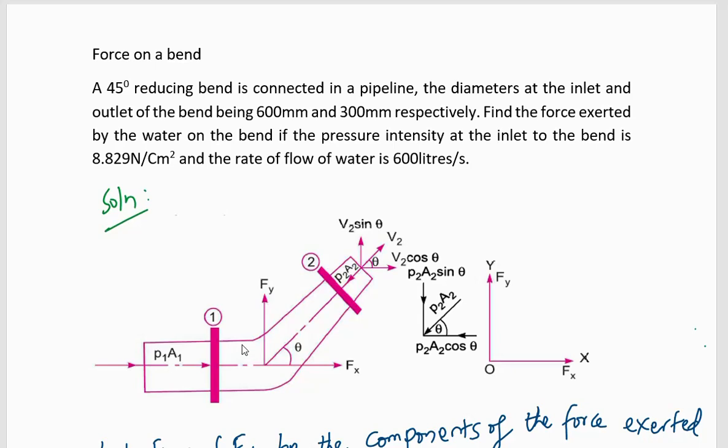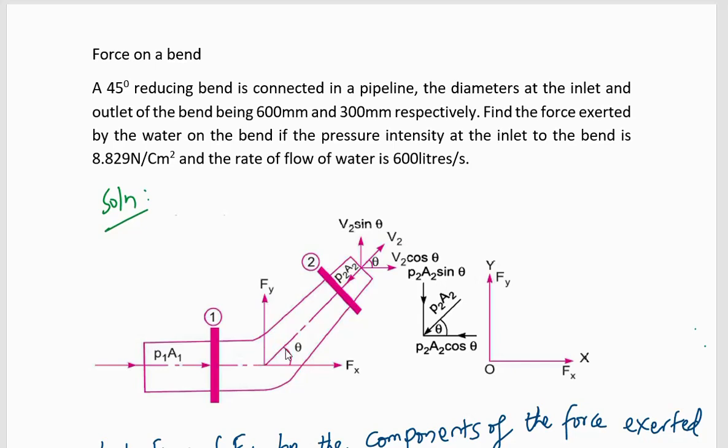So we see that this fluid is moving through a pipe that has a bend which is bending at 45 degrees, and therefore we are required to find the force that the fluid exerts on this bend.